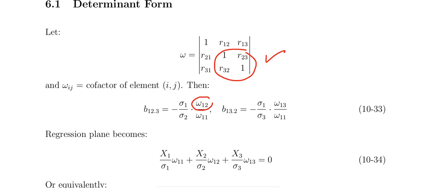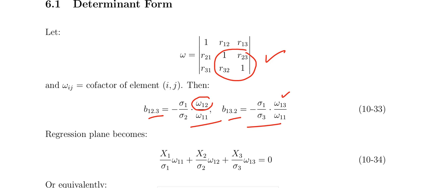So writing it with this is best; remembering this formula is best. So from this, B12 and B13 gives W13.